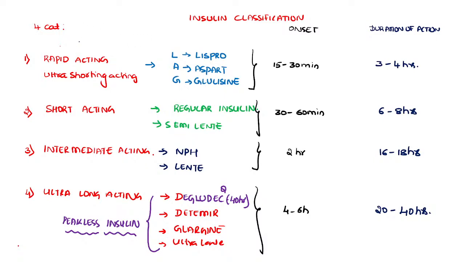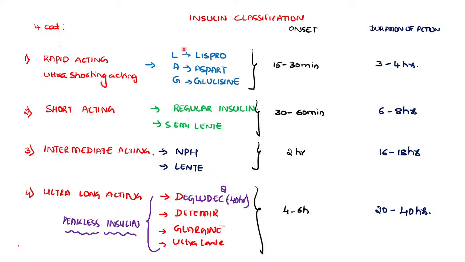Just to recapitulate again, we have 4 categories of insulin classification based on the duration of action: rapid acting, which is also called ultra short acting preparations, short acting preparations, intermediate acting preparations, and ultra long acting preparations.